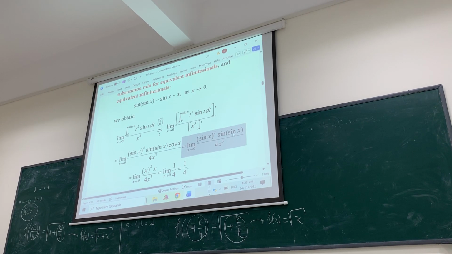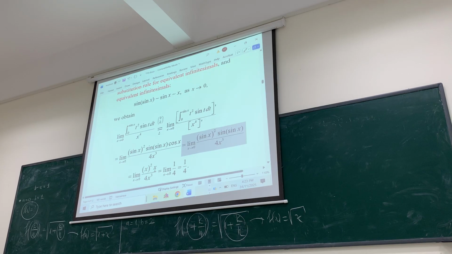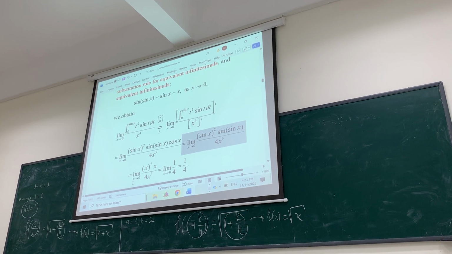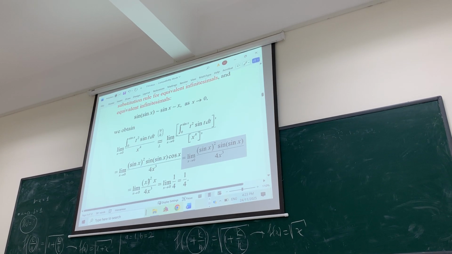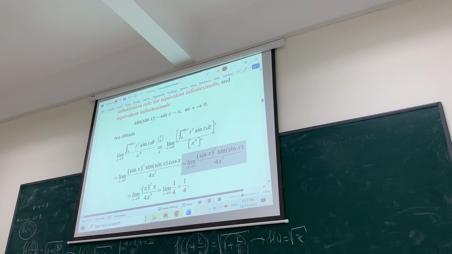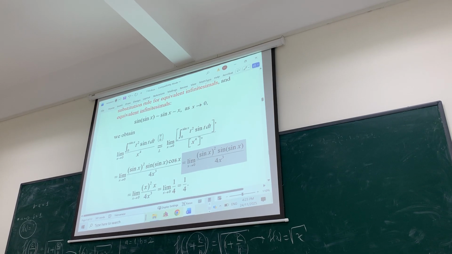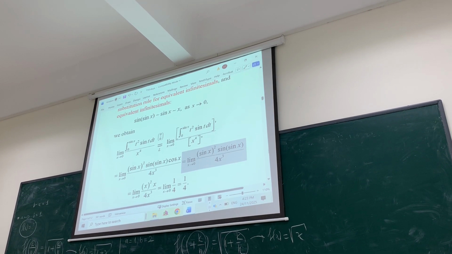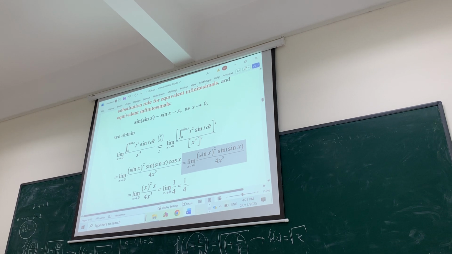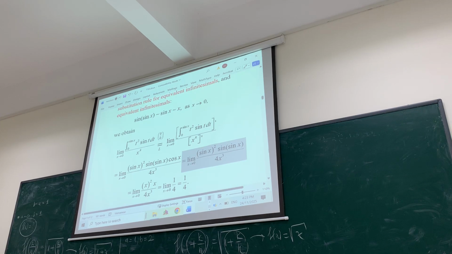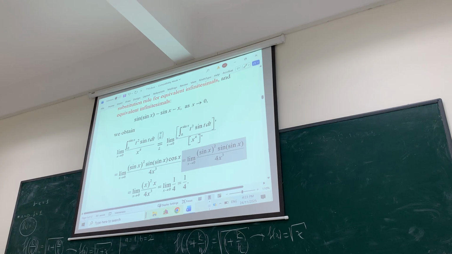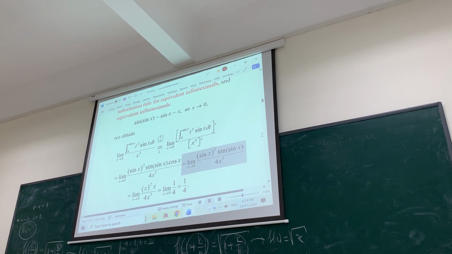The limit here becomes the limit of x cubed over 4x cubed. We can reduce it. The limit equals 1 over 4. Okay? We need to find the limit. The method is based on L'Hôpital's rule and the second fundamental theorem. I think you can write down this process.